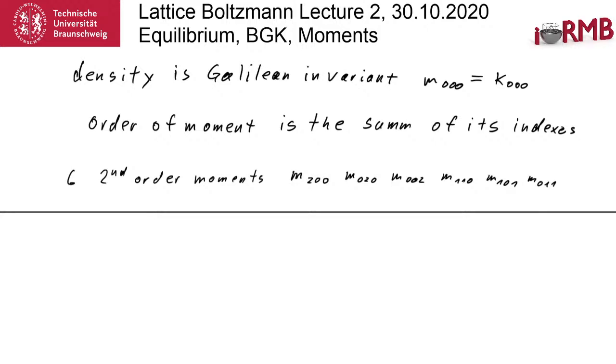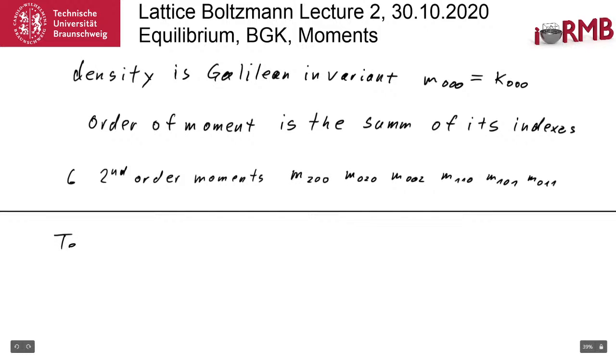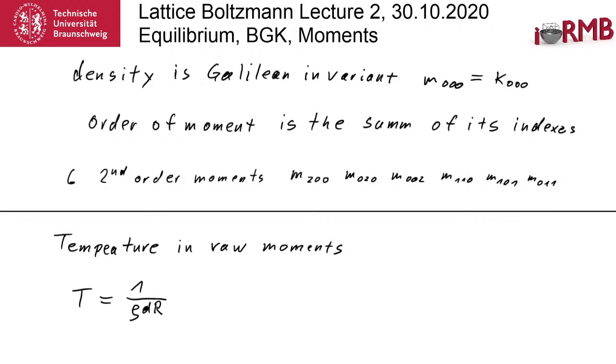Okay, let's look at. Let's write temperature in terms of raw moments as a kind of exercise. So we have already introduced temperature as being one over rho d, and here's actually R. I think I've been missing the gas constant last time.